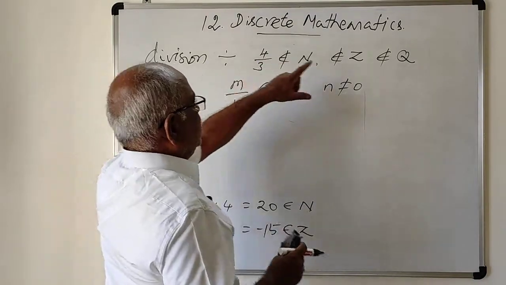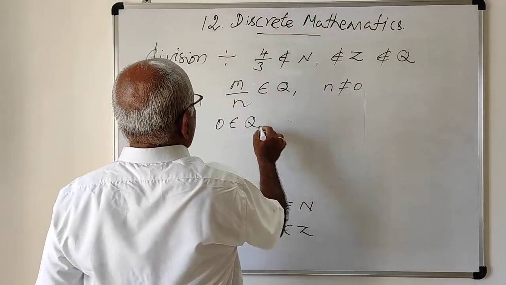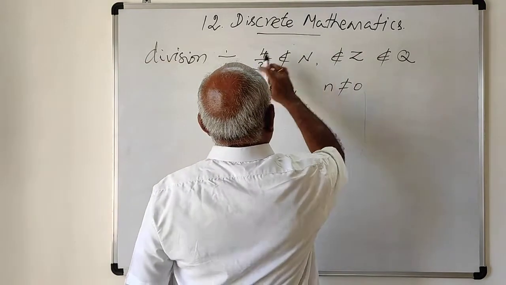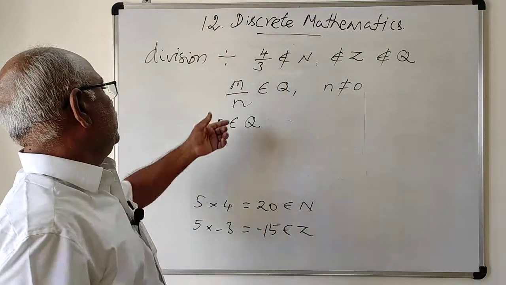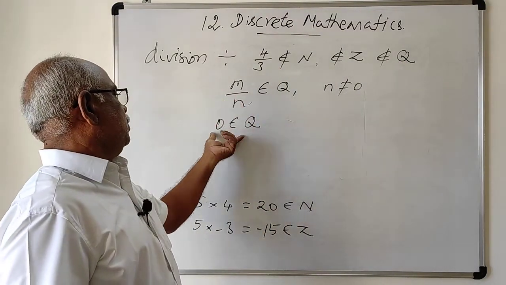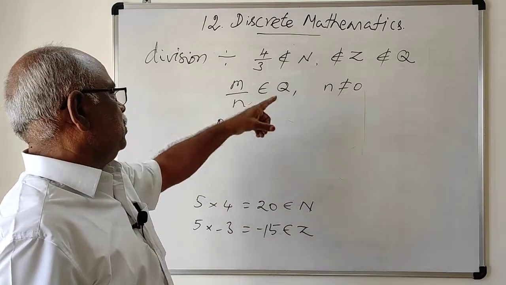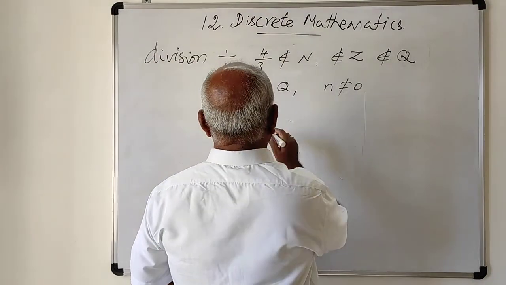But in our Q, 0 is there. 0 belongs to Q. So if n is 0, the fraction is not in Q. Therefore, if the denominator may be 0, because 0 is in Q, this fraction is not in Q, therefore division is not a binary operation on Q.